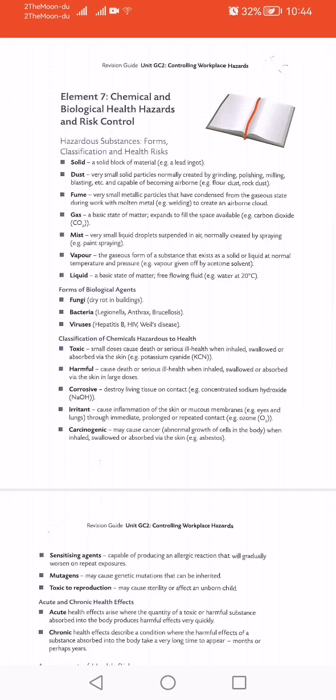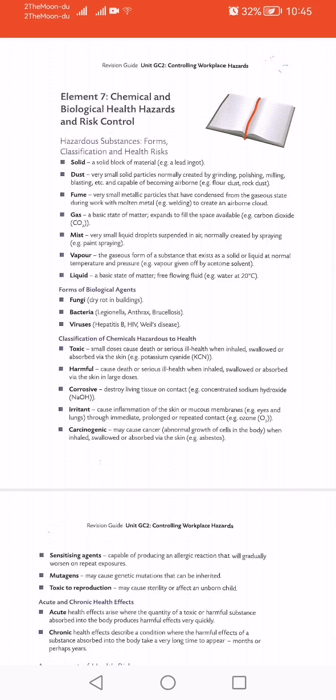Then virus, which can be like HIV, hepatitis, and Weil's disease. So for the form of biological agents, you have fungi, bacteria, and virus. For hazardous substances, you have solid, dust, fume, gas, mist, vapor, and liquid.